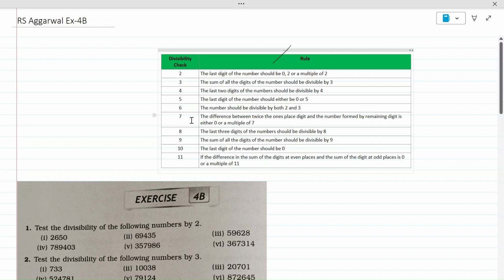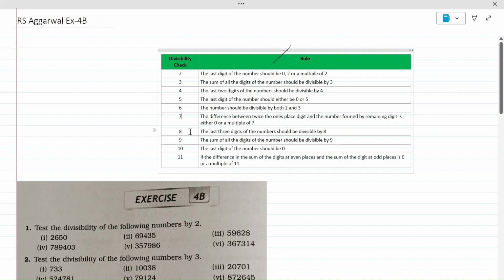So, for number 7, we take twice the digit at the ones place, and then we subtract that from the number formed by the remaining digits. Okay, we have done the questions based on this, and the final number which we get, that is the difference, should either be 0 or a multiple of 7.